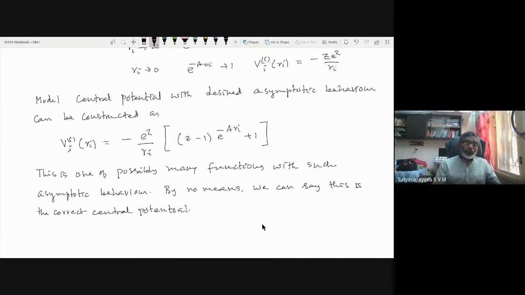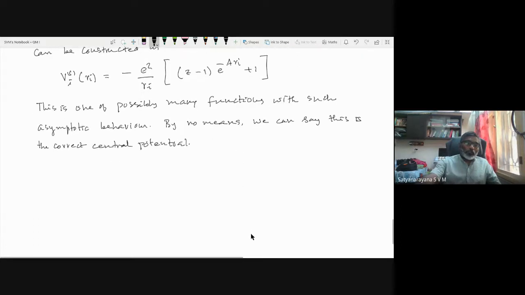Correct potential means it should be derived from the electron-electron interaction and all this. I have not bothered about any of those things. I have only looked at the asymptotic behavior and I have simply interpolated between those two behaviors. So there is no way that we can say that this is the correct central potential.